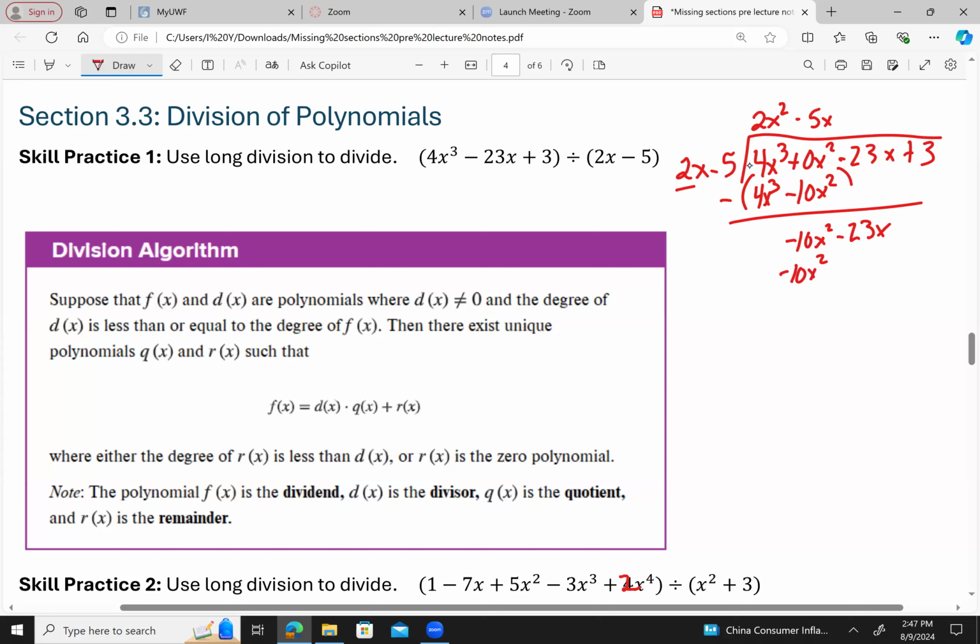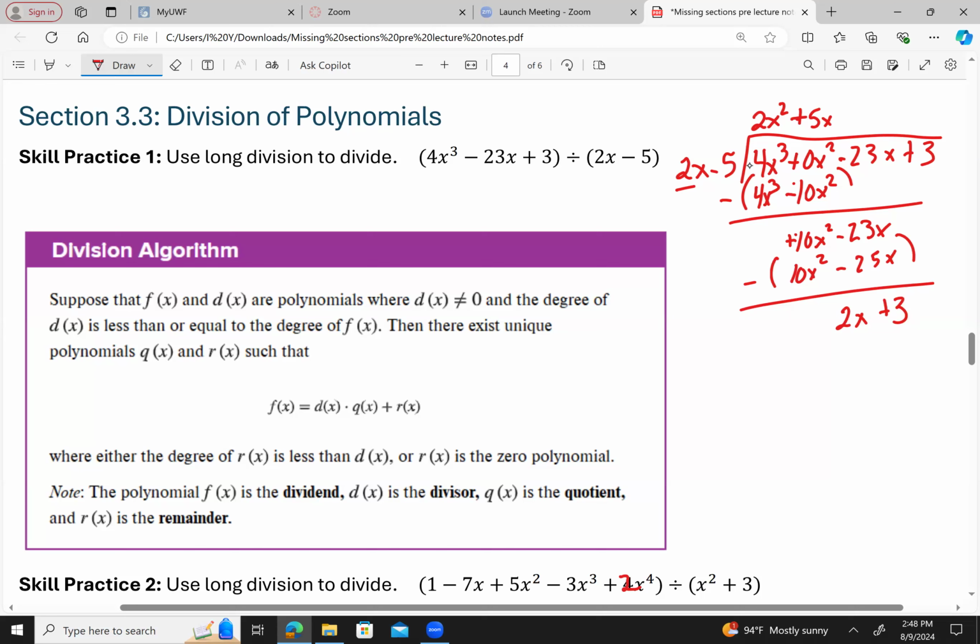Negative 5x times negative 5 gives me, oh, this should be plus. We're subtracting a negative, so I want plus 25x, which gives me minus 25x. Subtracting again, negative 10x squared minus negative 10x squared is 0. Negative 23x minus negative 25x gives us 2x, and then we bring down our plus 3.